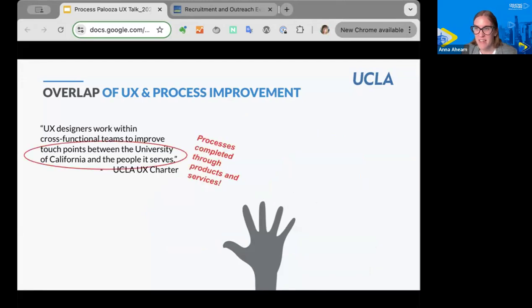So going back to that idea of touch points and interactions as processes, I wanted to share some outcomes from projects Kristin and I have worked on in the past.